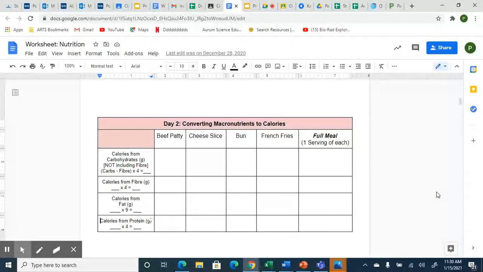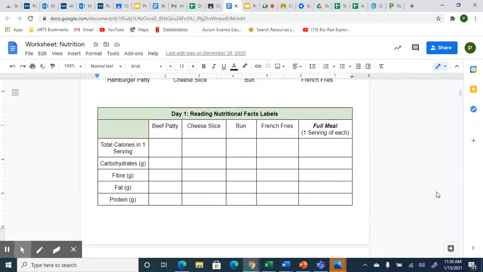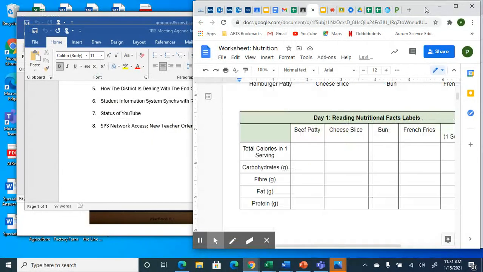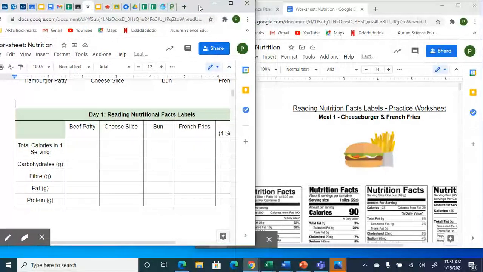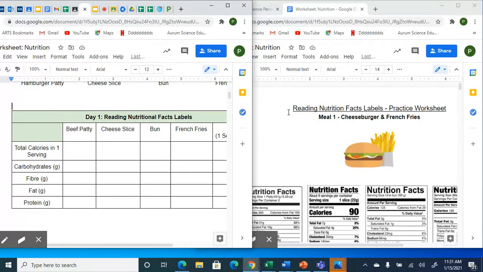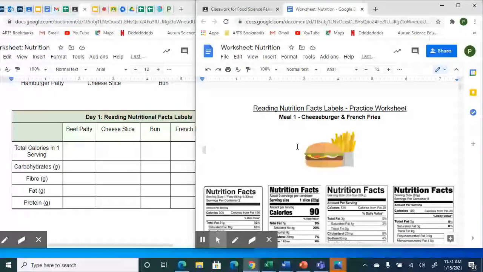Oops, it went too far. All right, here we are. Let's make it smaller. Let's move this over here. And let's move this down a little.